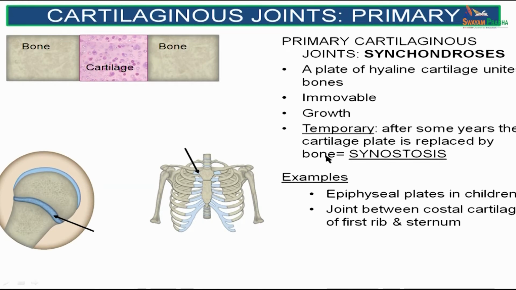Examples: the epiphyseal plates seen in small children between the ends of long bones. This is an example of primary cartilage joint, and also the joint between costal cartilage of first rib and sternum.